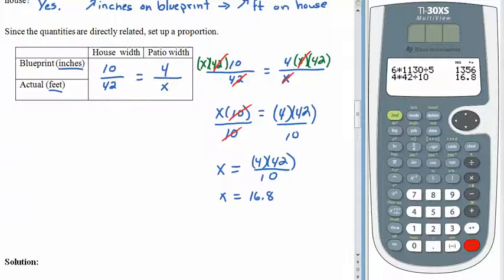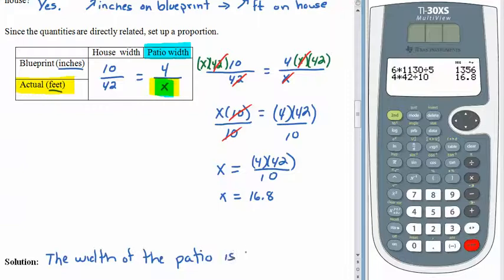16.8 what? So now you'll remember we've got this organizational chart up here. This x was down here in the denominator, so it's talking about feet. It's also sitting in the column on the right, so it's talking about the patio width. When you go to interpret your answer, we already know now that the width of the patio is 16.8 feet.